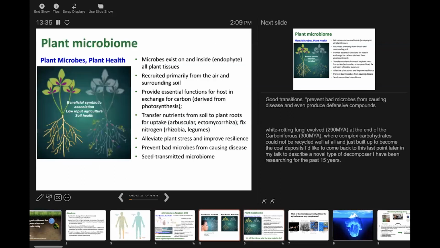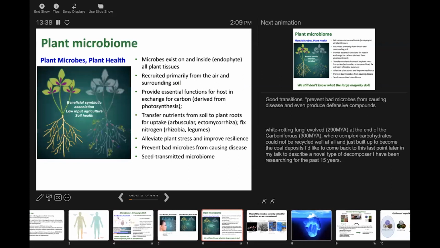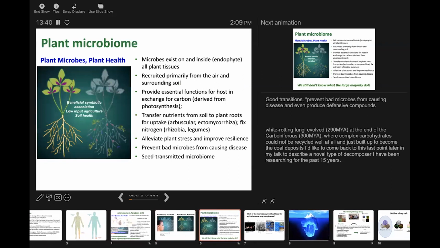The reason I say that is because there are microbes that exist on and inside plant tissues. The inside ones are called endophytes, which literally means inside plant. They get recruited from the air and the surrounding soil. Soil is the most biologically complex substrate known to man.